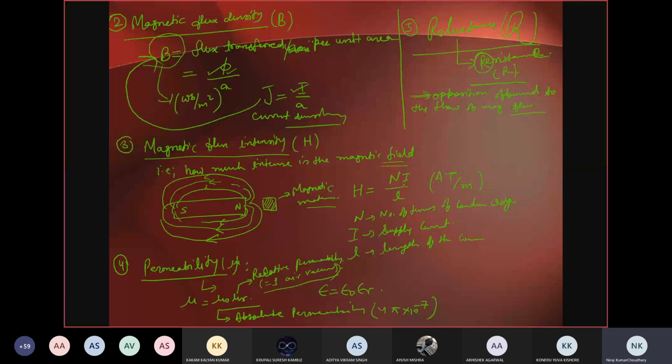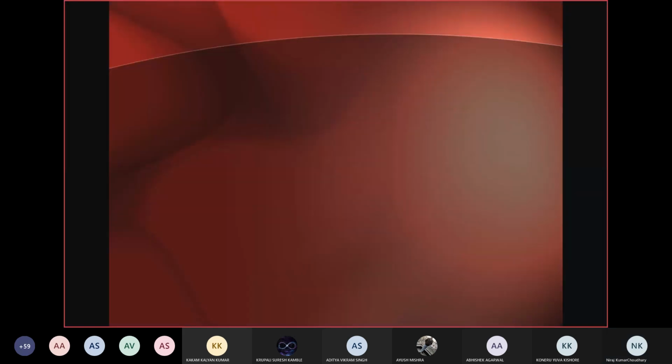The expression of reluctance is L by mu A, or in detail L by mu naught mu r A. Its unit is ampere turn per Weber. This is the definition as well as the expression of reluctance in a magnetic circuit.